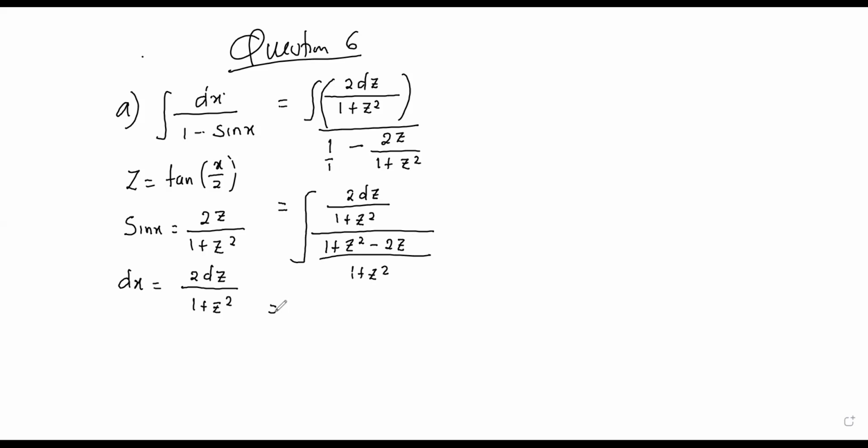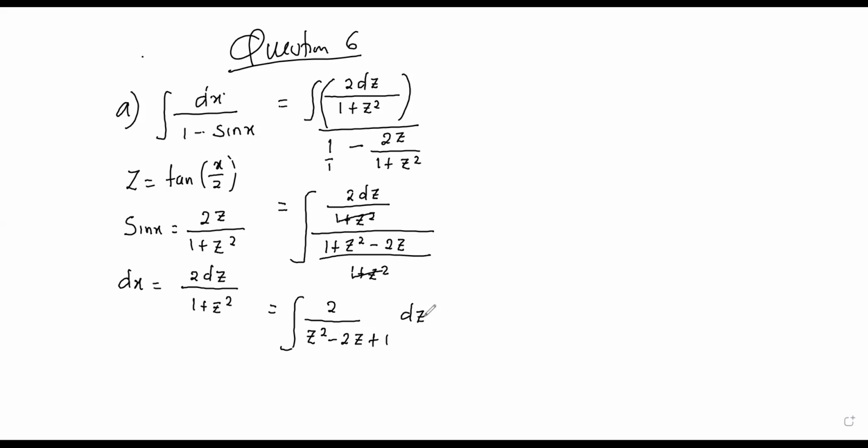Of course, these will cancel. So we'll have the integral of 2 over z squared minus 2z plus 1 dz.